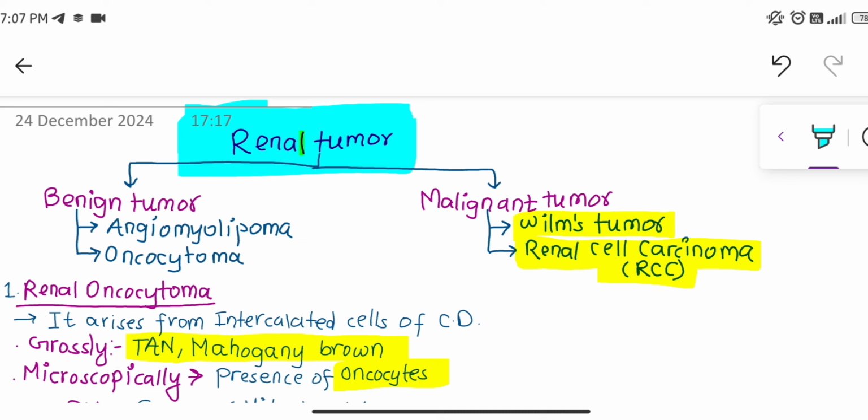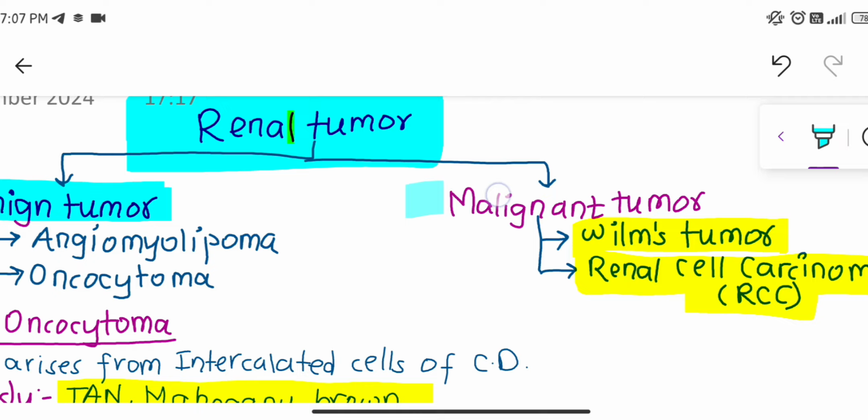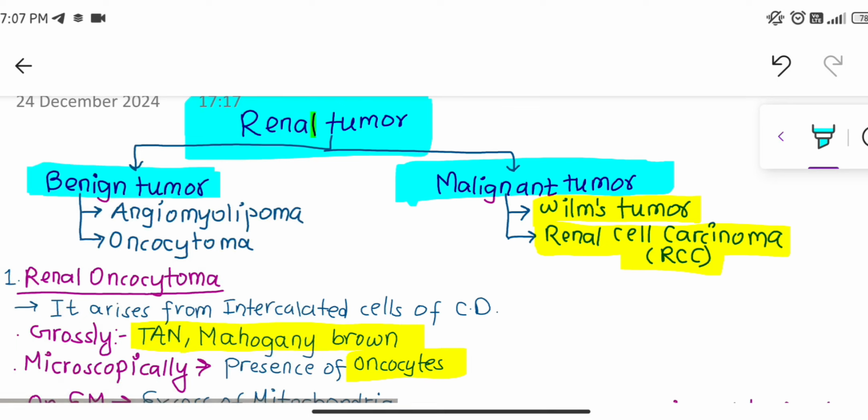Renal tumor can be classified as benign tumor as well as malignant tumor. Benign tumors, as we already know, are usually unencapsulated.